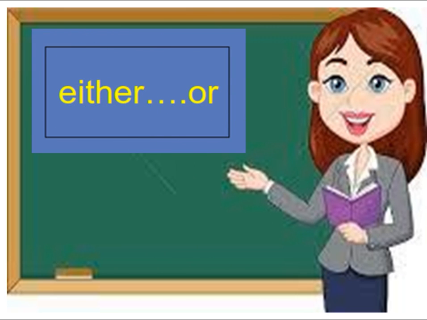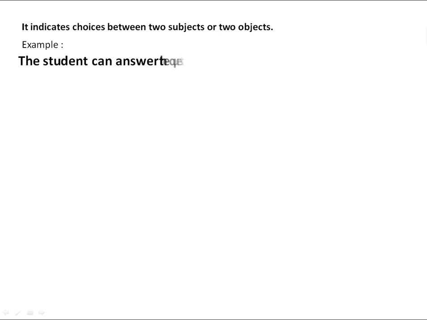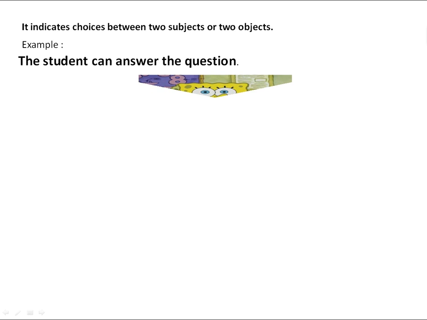to either or. So it indicates choices between two subjects or two objects. Let's understand how we show the choices of two subjects and two objects here. Example. The student can answer the question.